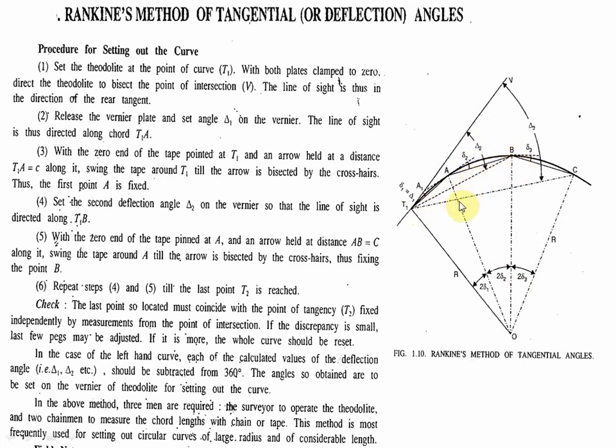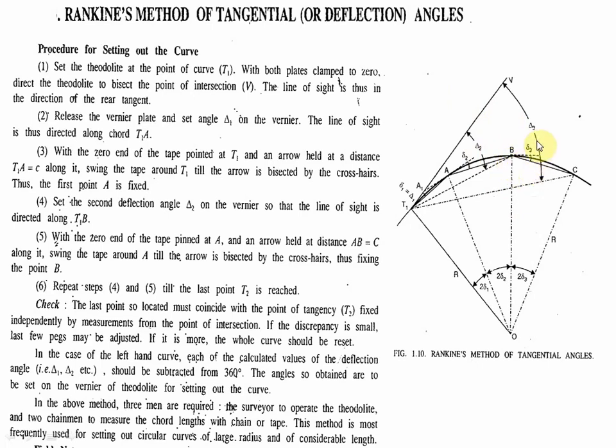With the zero end of the tape pointed at A and an arrow held at distance AB, which is equal to the second chord, swing the tape around A such that the arrow is bisected by the crosshairs. Where the arrow is bisected, at that point you have to fix the point B.